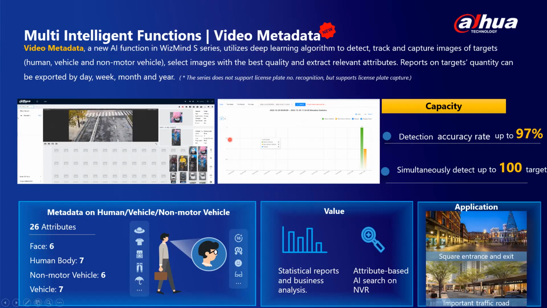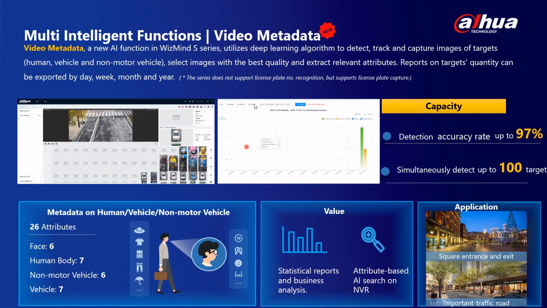Capture, then register, giving you more information on what has been captured by the cameras. Like we said before, this series does not support license plate recognition. It only supports license plate capture. So that's the difference between those two.